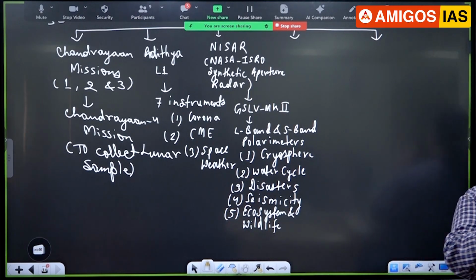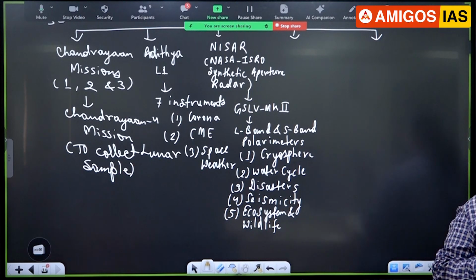So I'll repeat, there are 5 main objectives of the NISAR mission. Study of cryosphere, polar areas, mountain glaciers. What is the second objective? Water cycle, which will connect with agriculture, right? How the water cycle is changing because of human changes and at the same time global warming, climate change impact.